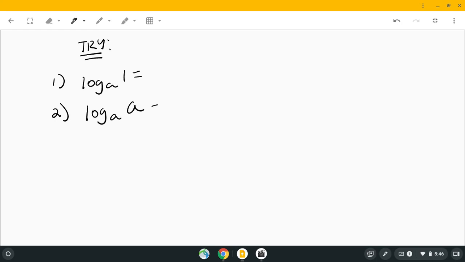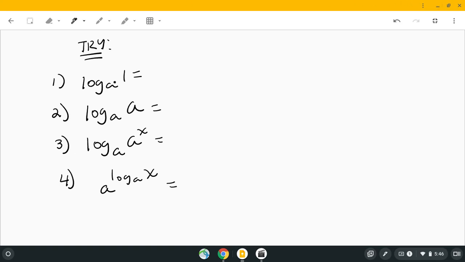You'll have 4 of these, and log base a to the x. Okay, so try to see if you can get these. If you don't get this last one, I'll get to that. But go ahead and see if you can do these 4 based on exponential form. Go ahead and hit the pause button and come right back.